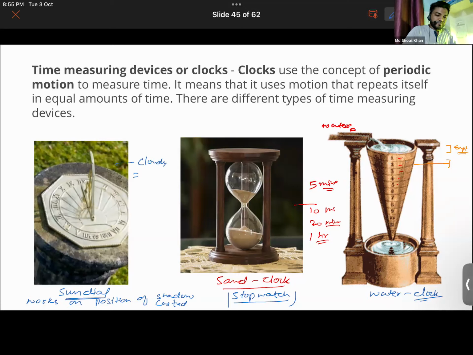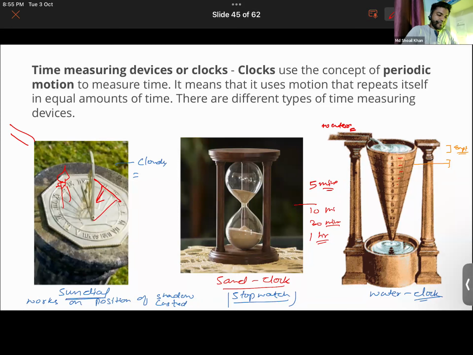But then we can also use artificial sources of light, right? We can use it, but the artificial source you would use to cast a shadow would not give you the proper time. It will have errors in it. For example, if you were to burn a candle in this direction, you will be casting a shadow on this side.